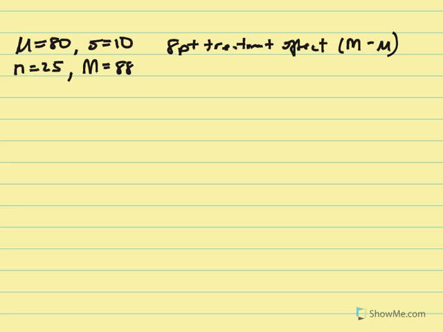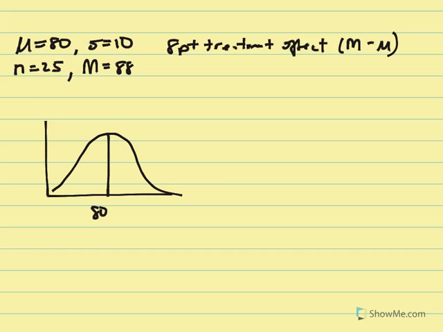All right, so again, we have our normal distribution, our untreated population, and the average is equal to 80. And we did calculate our standard error before, but let's do that again. Standard deviation over square root of n, 10 over square root of 25, 10 over 5 gave us 2, right?